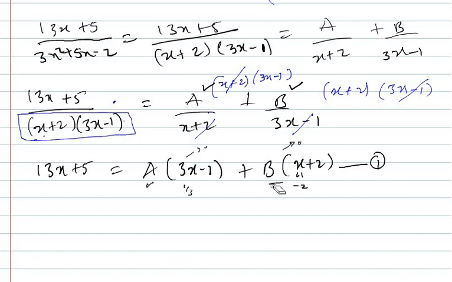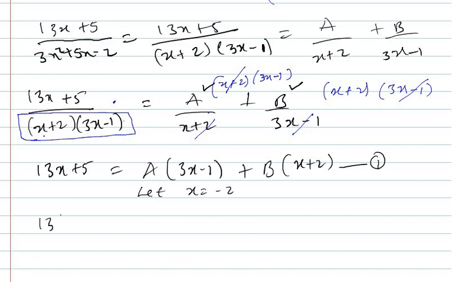So let's firstly make the B term equal to 0, by saying let x be equal to minus 2. If I put minus 2 here, I know minus 2 plus 2 is 0. So any place I see x, I just replace it with minus 2.